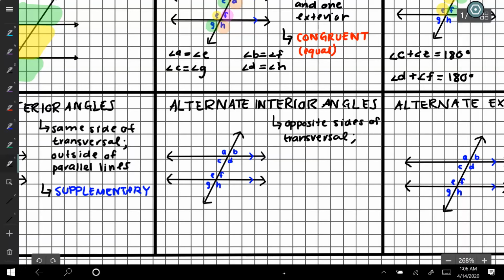And inside are parallel lines. Alright, so opposite means one's going to be on the left and one is going to be on the right. And our alternate interior angles are congruent.